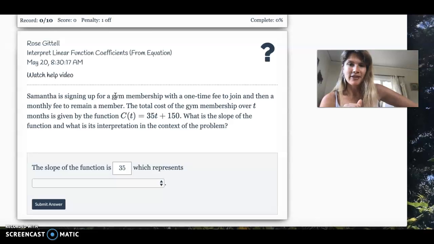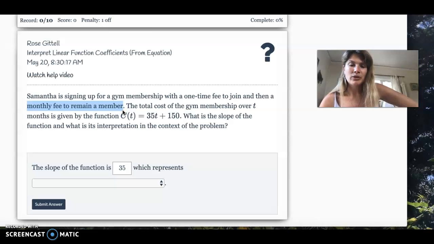And then after that, once she's a member, she just has to pay a smaller monthly fee in order to be able to use the gym every month. So one of these numbers is going to represent the one-time fee, and one of these numbers is going to represent the monthly fee to remain a member.